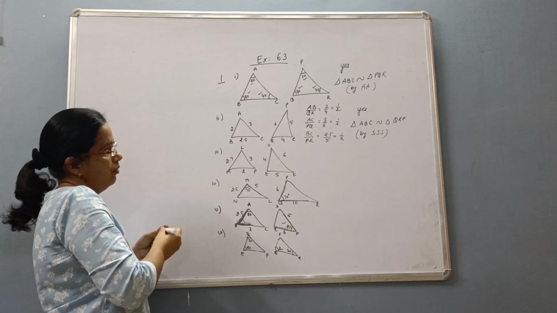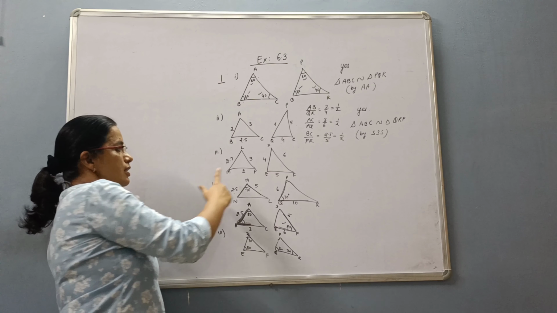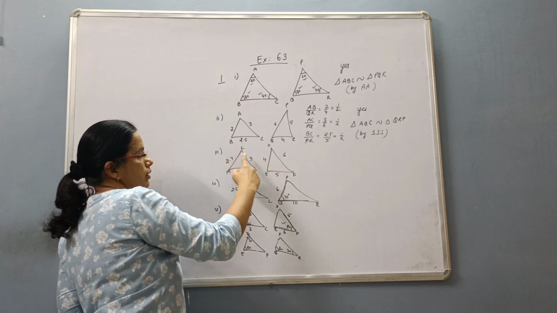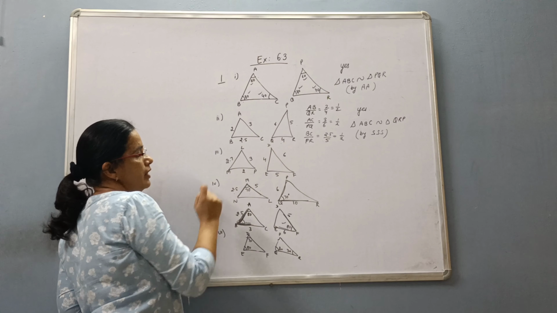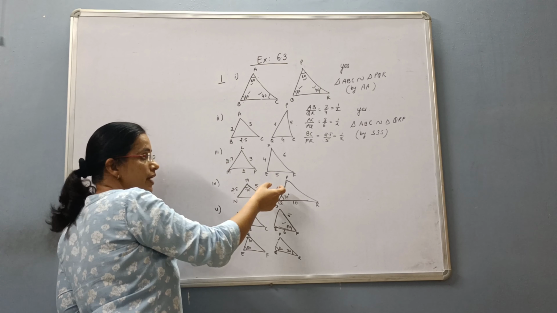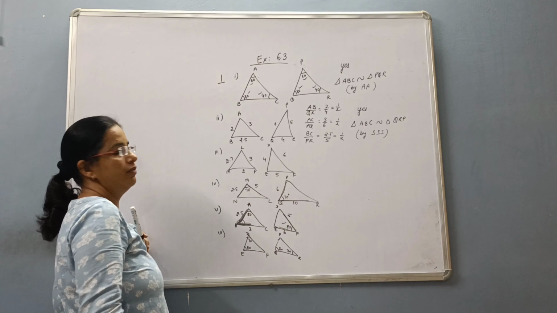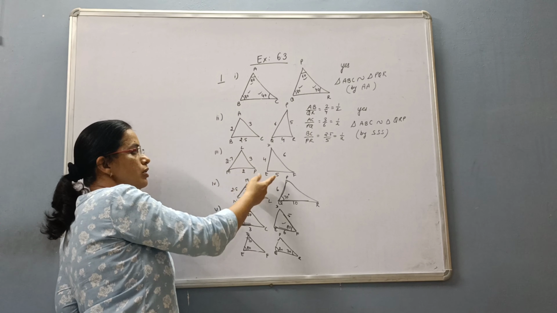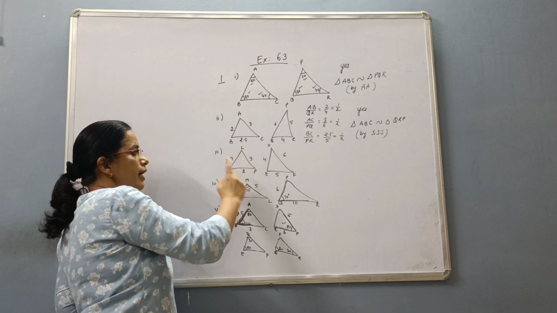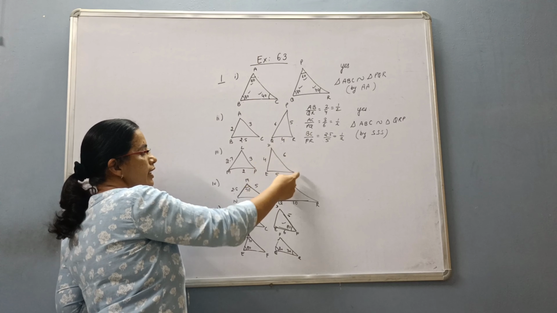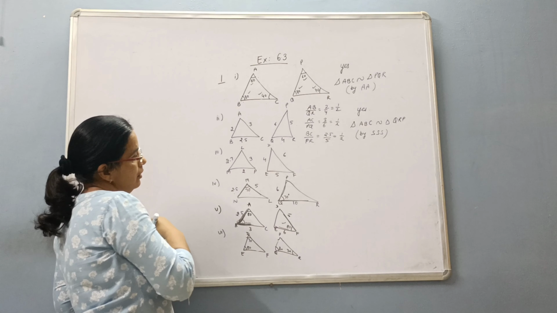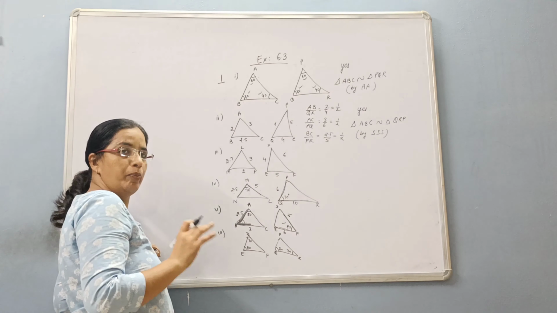Okay. Now let's come to figure number 3. See, MP is 2, DE is 4. 2 2s are 4. LP is 3, DF is 6. 3 2s are 6. But LM is 2.7 and EF is 5. So 2.7 2s are not equal to 5. So the two sides LP and MP are proportional to DF and DE, but LM and EF is not proportional.